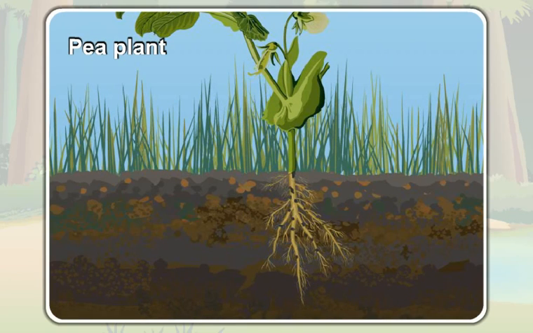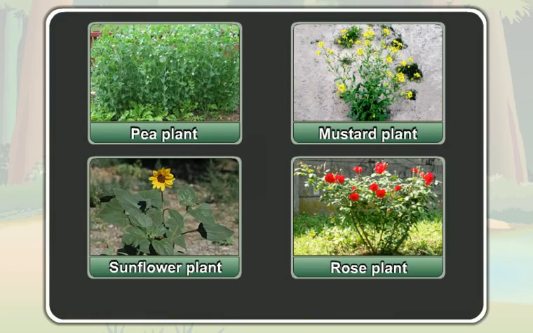There are small hair-like structures growing out of the main root and the side roots. These are the root hairs. Like the pea plant, the taproot of the mustard plant, the sunflower plant, and the rose plant also has root hairs.